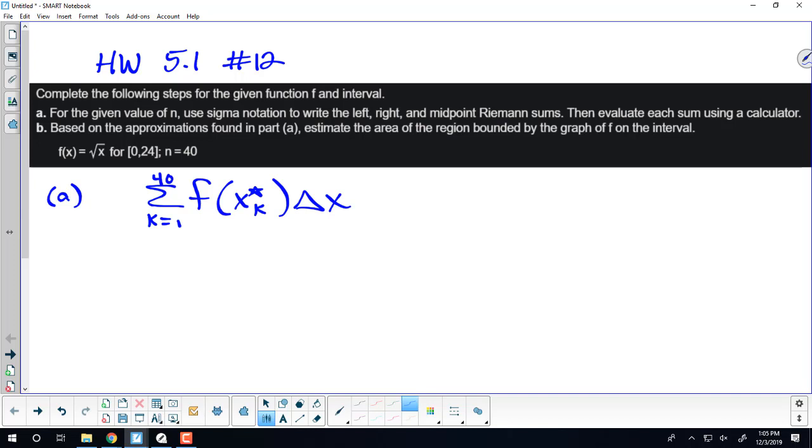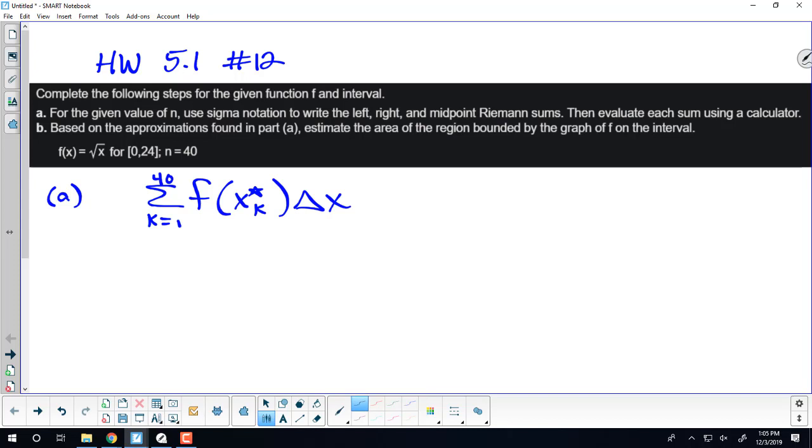So that's our Riemann sum, regardless of which one we're using. So as we go through the left, the right, and the midpoint Riemann sum, what changes in that definition? X star k. Yeah, the x star sub k. Right, so the x star, the thing we evaluate, the thing that tells us each rectangle's height, is different for the left, right, and midpoint.